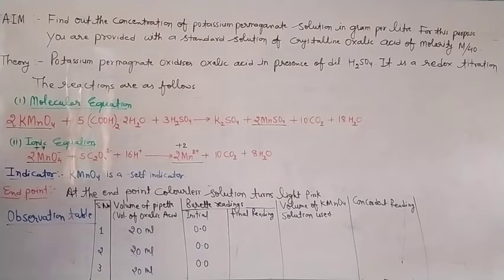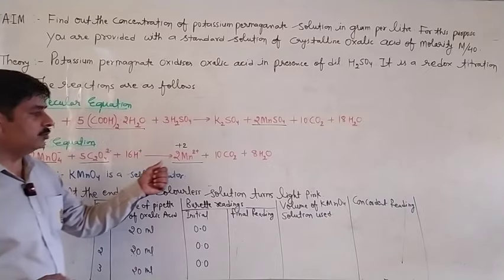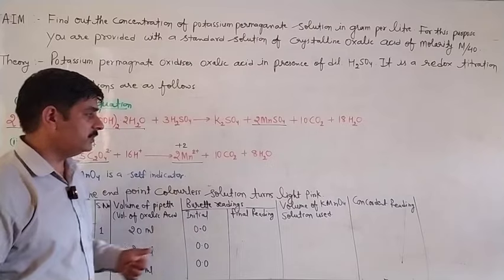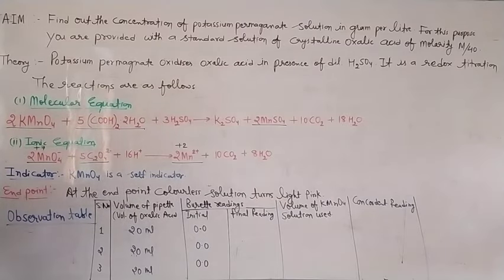On the other hand, oxalic acid is changing into carbon dioxide, and the oxidation number of carbon is increasing. That's why oxalic acid is undergoing oxidation.